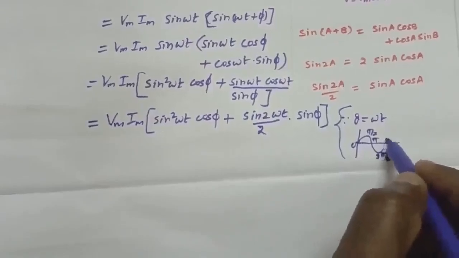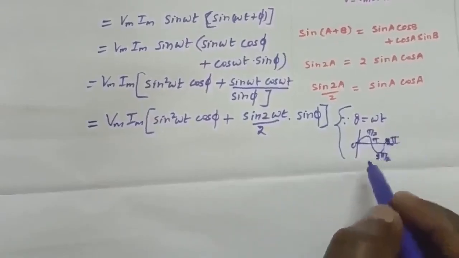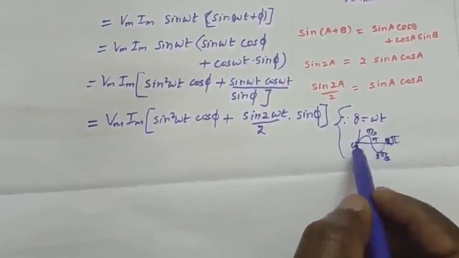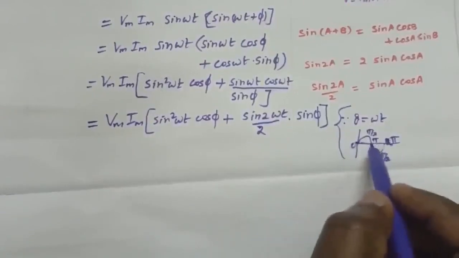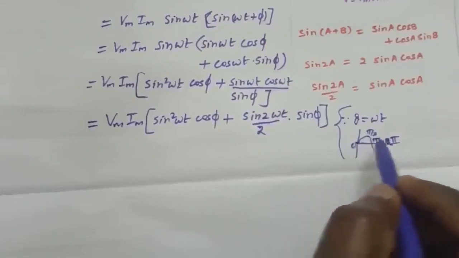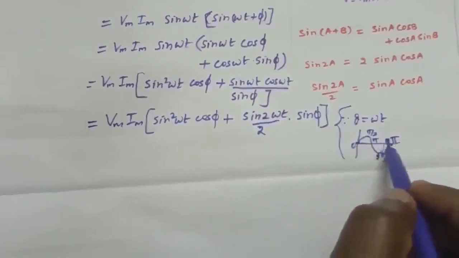Now what is the value of sine pi? Sine pi is 180 degrees, which is 0. Sine 2 pi also 0.